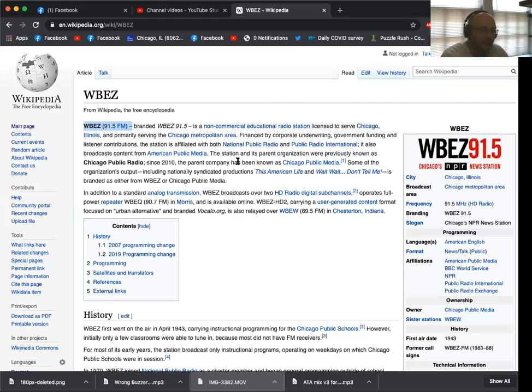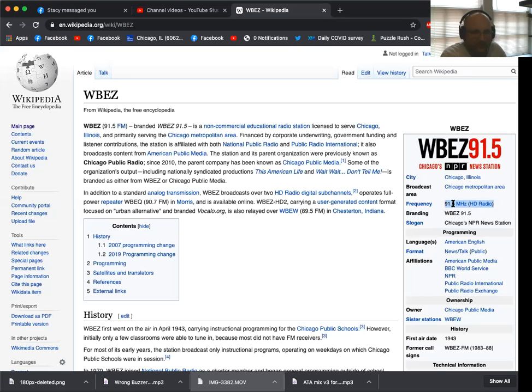When you do FM, the 91.5 number means something. If you look on the one side, you can see that it's 91.5 megahertz. It's a different unit when you're talking about the numbers of AM stations. I believe those are written in hundreds of kilohertz, but I don't know.